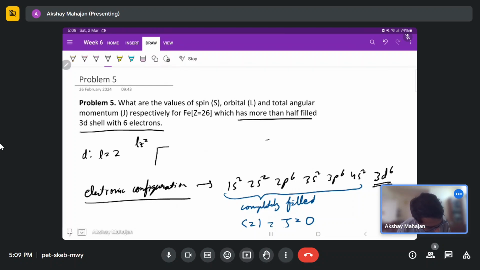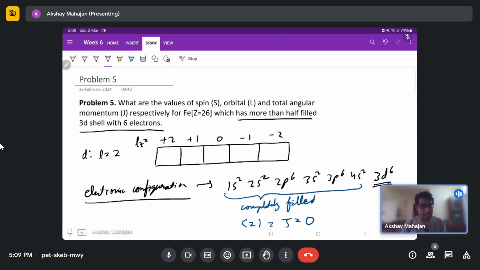So the values will be from plus 2, plus 1, 0, minus 1 and minus 2. Yeah, for d this L equals 2. So these are the L_z or the m_L values. This could also be called m_L. So we have plus 2, plus 1, 0, minus 1, minus 2.